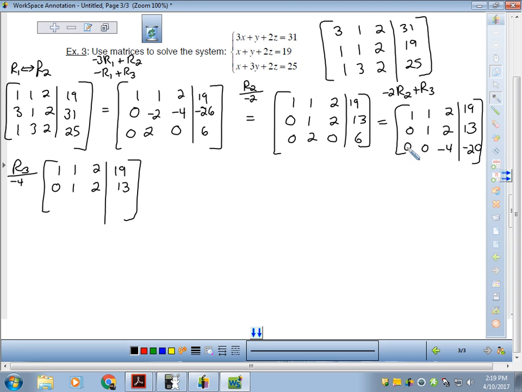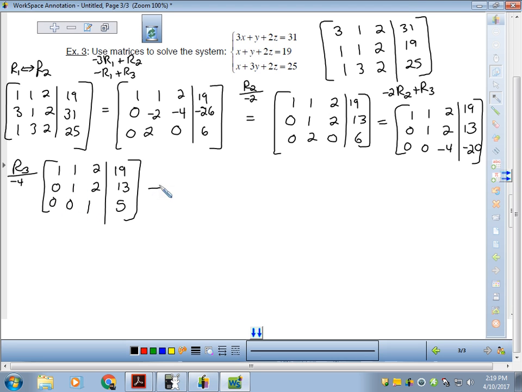Row 3, 0 divided by negative 4 is 0. 0 divided by negative 4 is 0. Negative 4 divided by negative 4 is 1. Negative 20 divided by negative 4 is 5. And so now we have it in row echelon form. We have the diagonals in the 1s here, and we have zeros underneath.